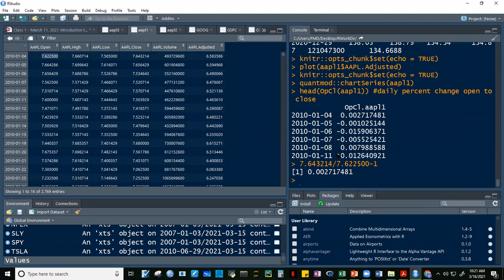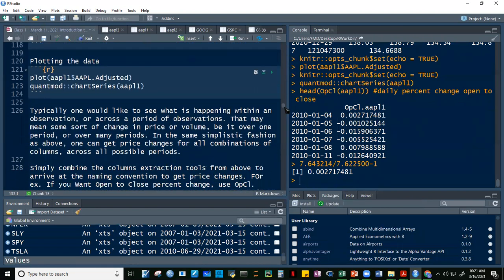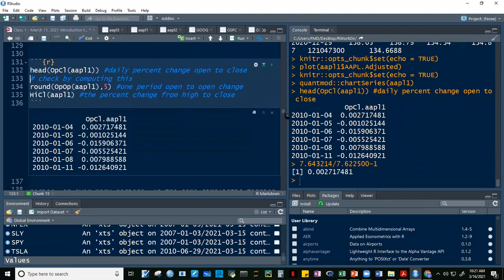0.0027. Is it the same as the earlier one? Yes, 0.002717. So that was how this was obtained, the open, close. It takes the percentage of the opening and closing.